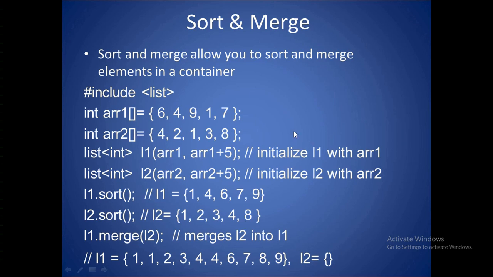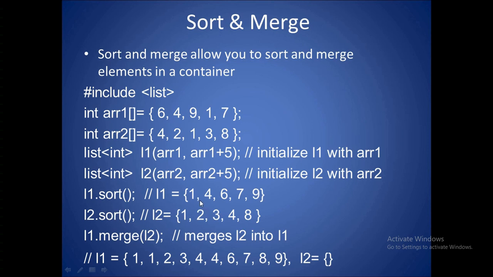Next algorithm is the sort and merge algorithm. Sort and merge allow you to sort and merge elements in a container. Include list. So we are creating two lists here, list L1 and list L2, with the help of these two arrays. Then L1.sort sorts by default in ascending order. L2.sort also sorts in ascending order.